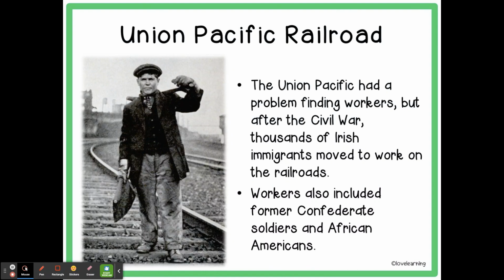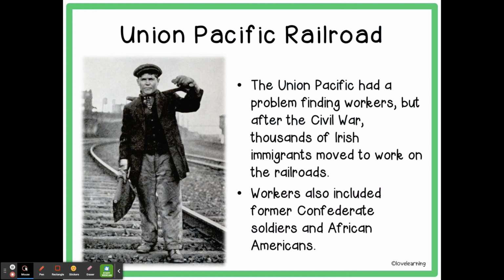So people within America were not really applying for these jobs. The Union Pacific Company had to look in other places for people to work. So the UP hired Irish immigrants. That's what we should write.